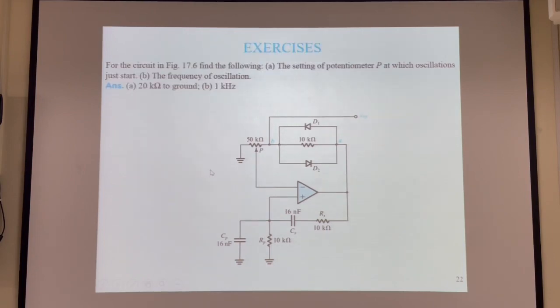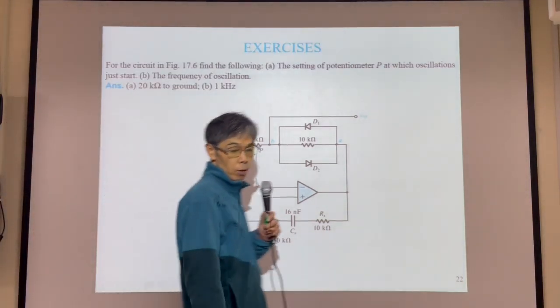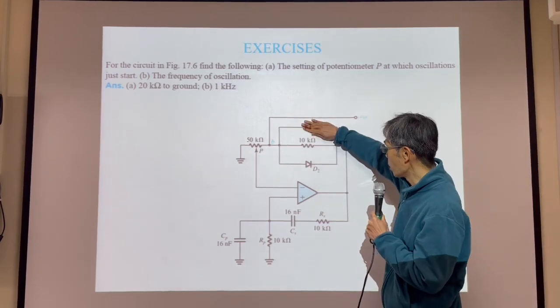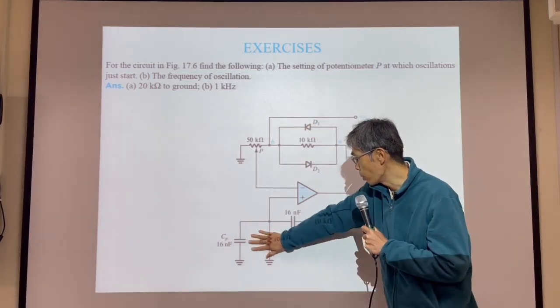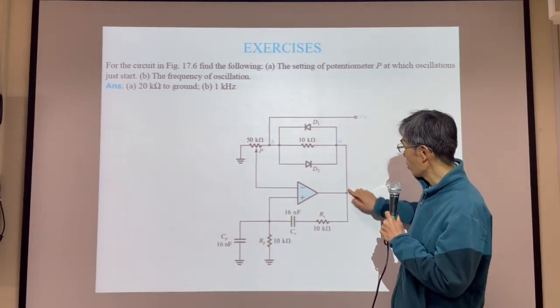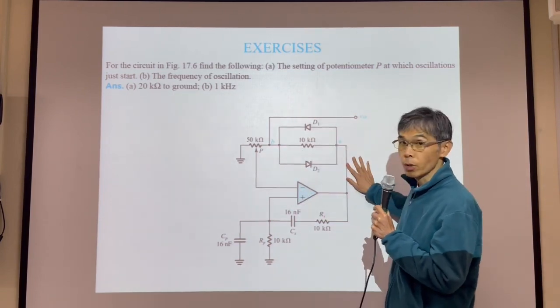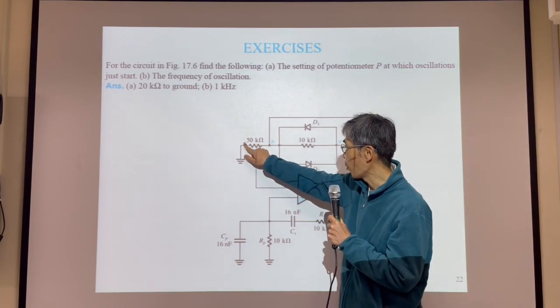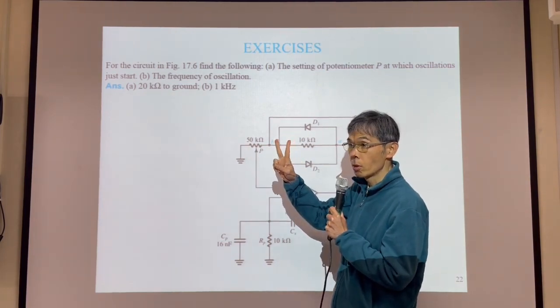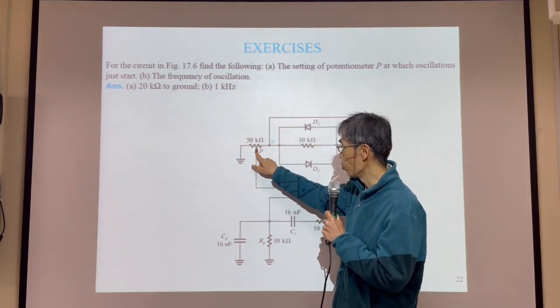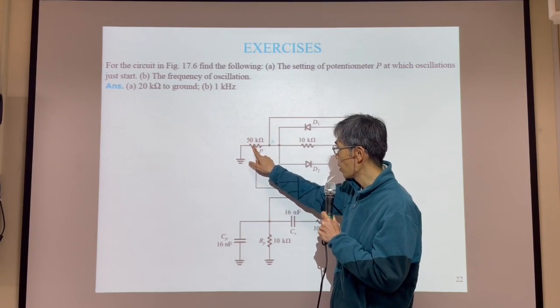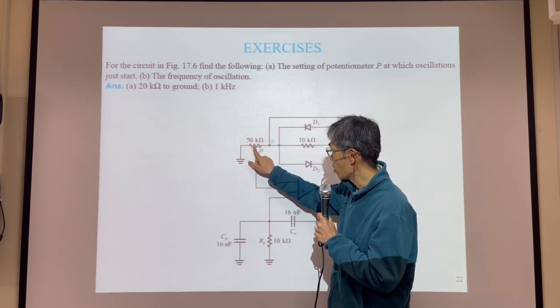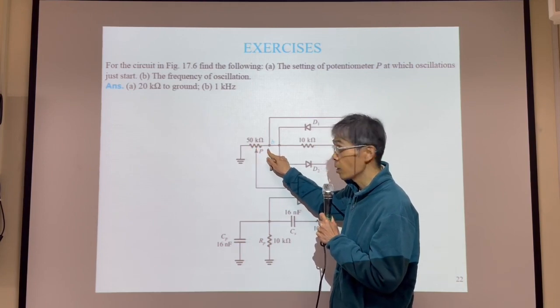You come to this one. So remove D1, D2, remove this one. Then for this circuit to be an oscillator, R2 divided by R1 should be equal to 2. So this potentiometer should be placed at this point. So the left-hand side is 20K, the right-hand side is 30K.